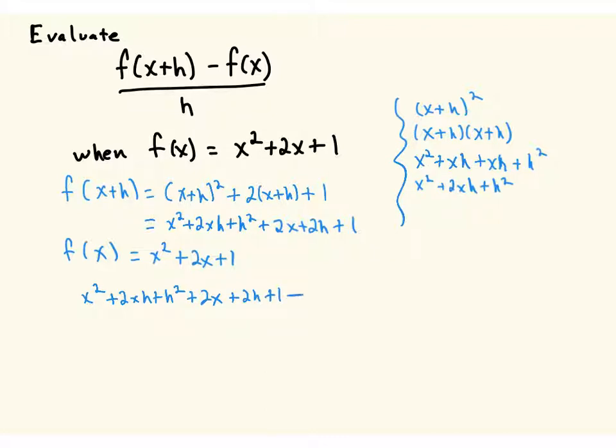And then we will subtract f of x, which is this function. It's the same as the original given function. So we will have minus, but keep in mind that it's in parentheses. We're substituting it in its entirety, and the negative will get distributed through this. So we'll have x squared plus 2x plus 1. Now we put this all over h.